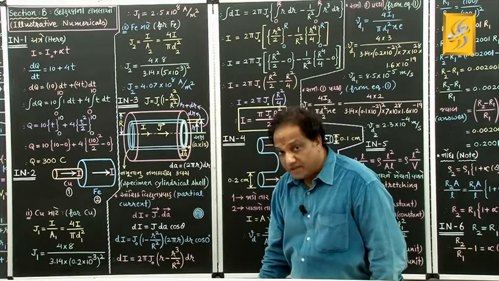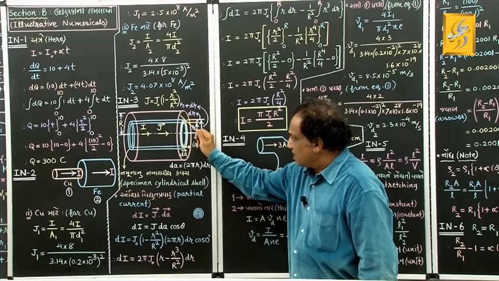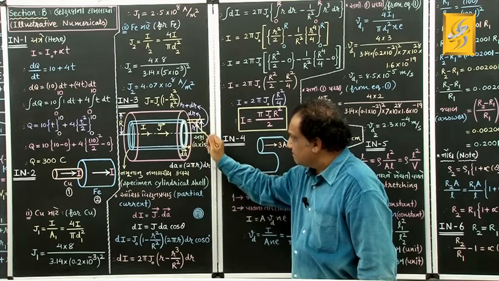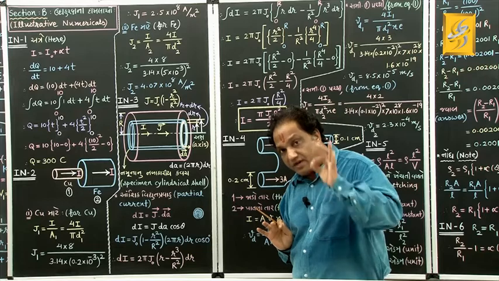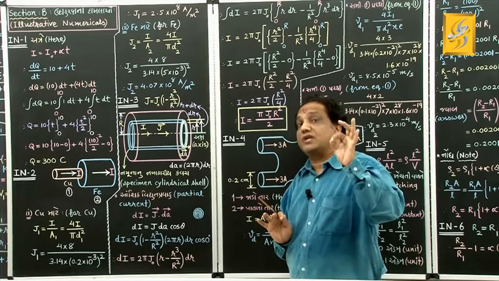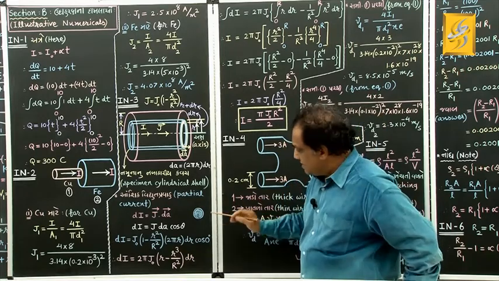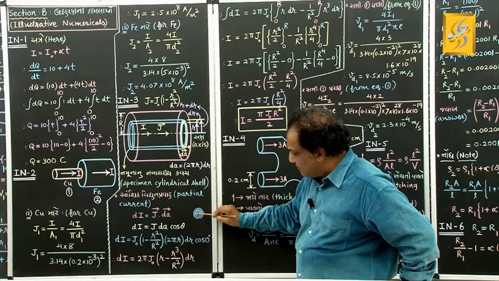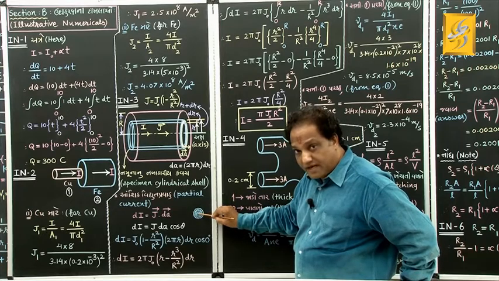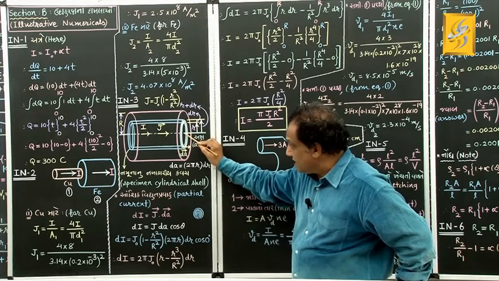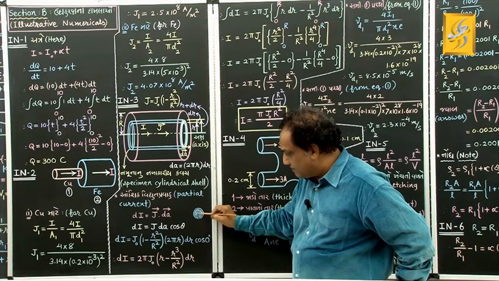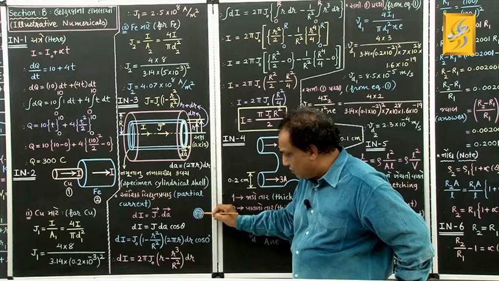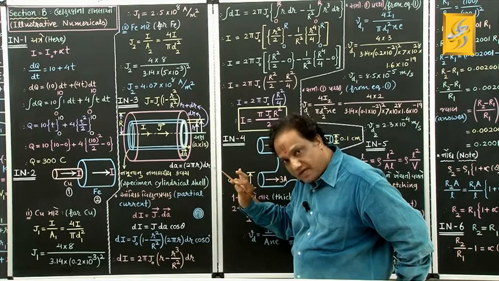For that, divide this entire circular cross sectional area into a very large number of extremely thin concentric circular rings like this. Say this is the very first ring, very small, exactly at the center, and then you can think of another very thin circular ring, then third, then fourth, then fifth, and so on.